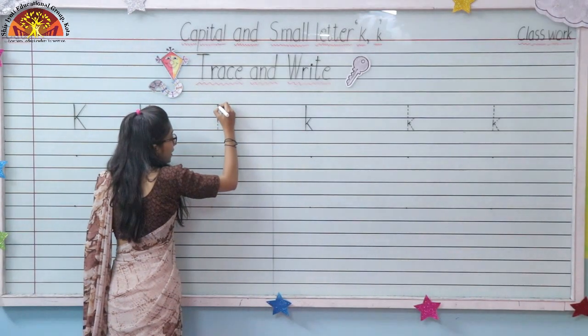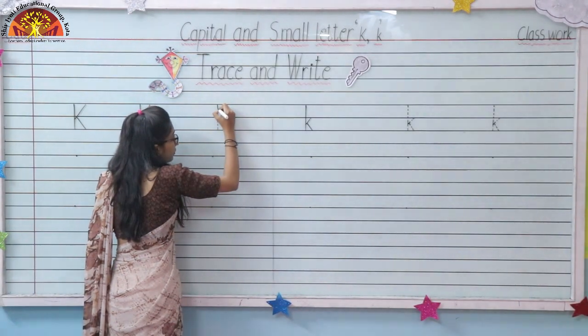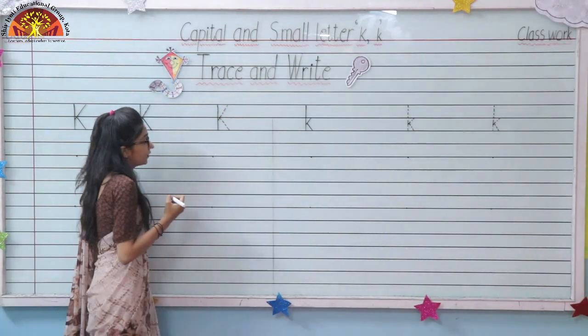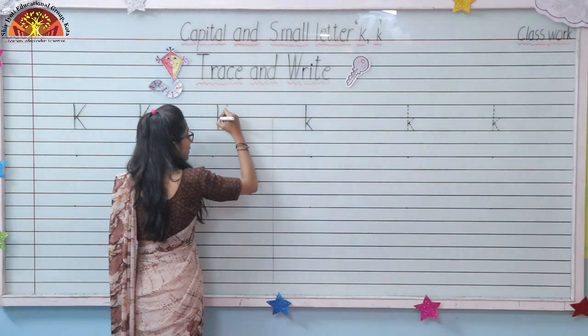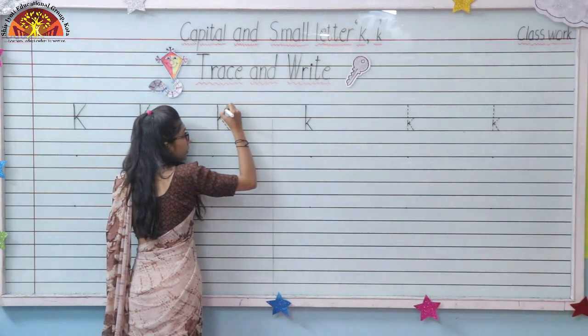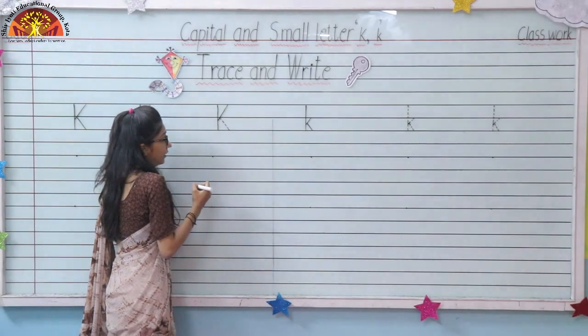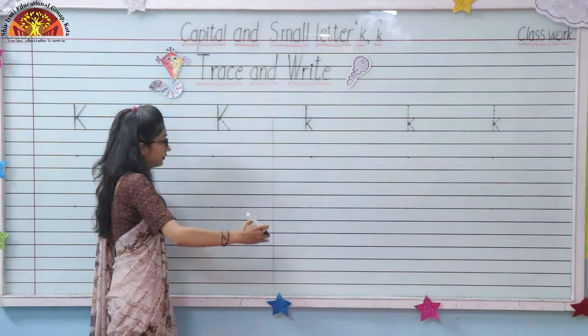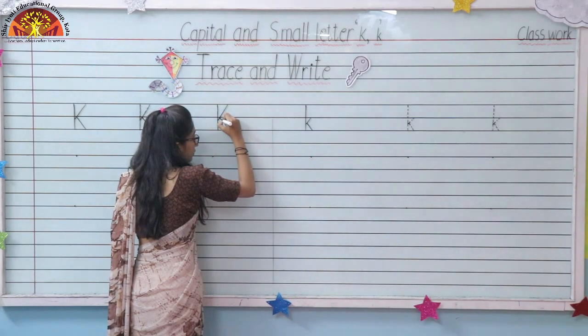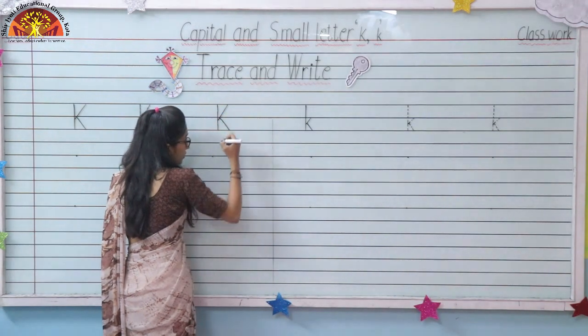One more time. One standing line. Touch these lines properly everyone. Then slanting line from here. Touch this line. One more slanting line from here and touch it.